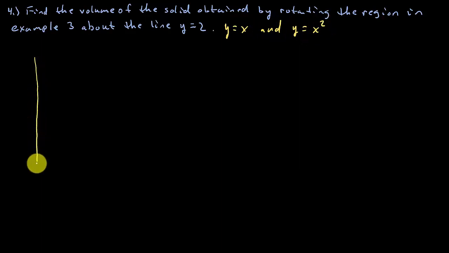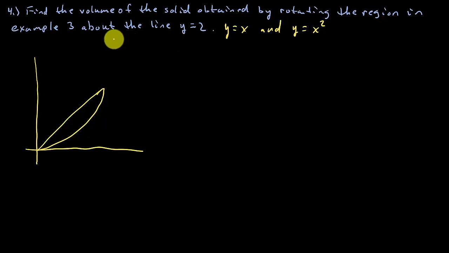Now, let's go ahead and sketch the graph. We graphed it earlier in the other part. And now I need to draw my rectangle in, but I need to draw the line that I'm rotating it around first. I'm rotating it about the line y equals 2. So let's do that in a different color.